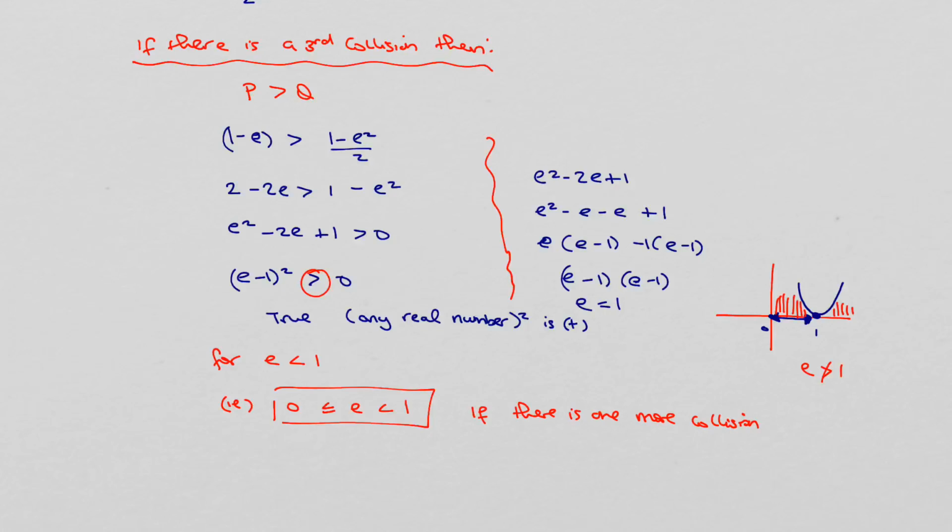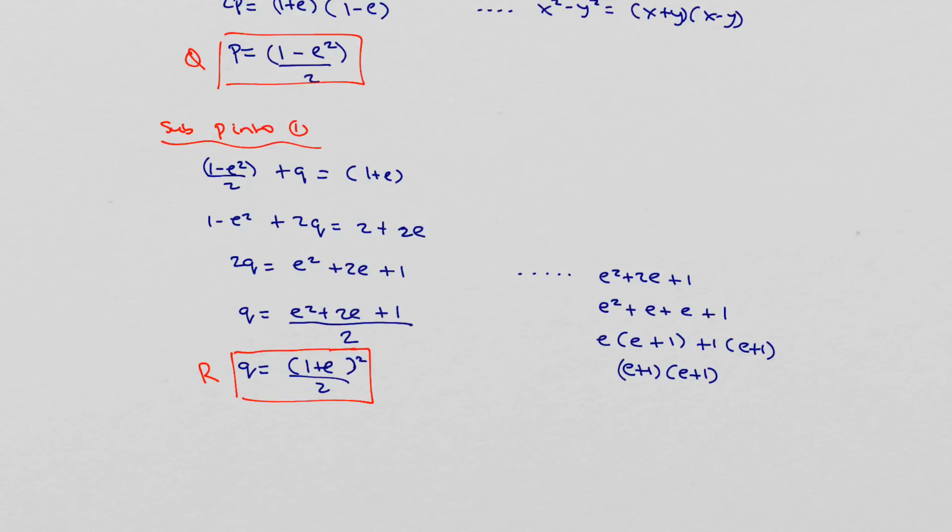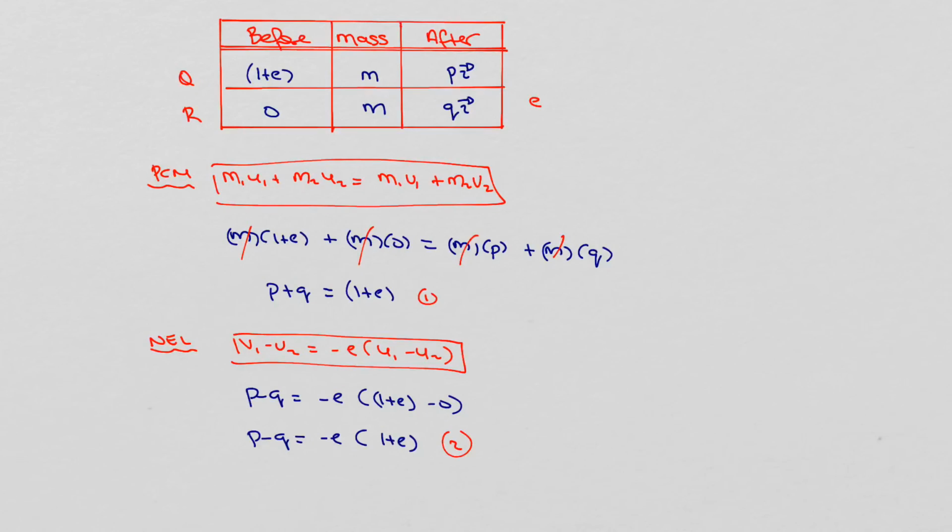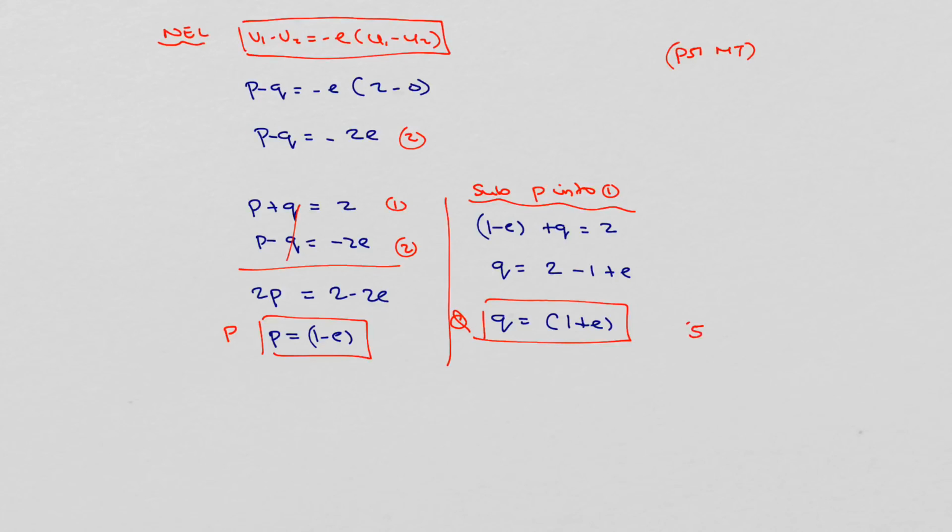Okay, so in terms of marks, we had 5 marks for this last final statement. We had 5 marks for getting our second set of velocities. We had 5 marks for getting our 2 simultaneous equations, and we had 5 marks for solving our first set of velocities, and 5 marks for getting those 2 simultaneous equations.